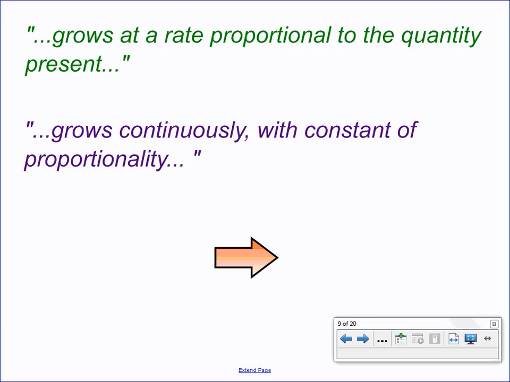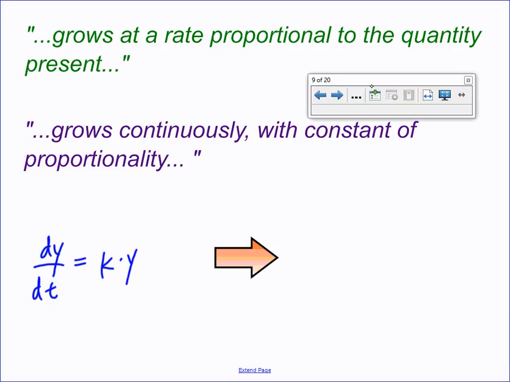So the first half of your OTL, if we see that words grows at a rate proportional to the quantity present, or my quantity grows continuously with constant of proportionality k, or 0.5, and so on and so forth, then we're talking about our general form dy/dt equals k times y with generalized solution y equals y naught times e to the kt.